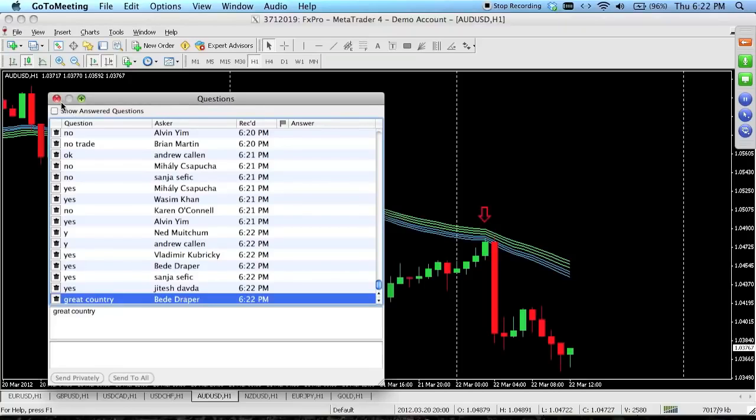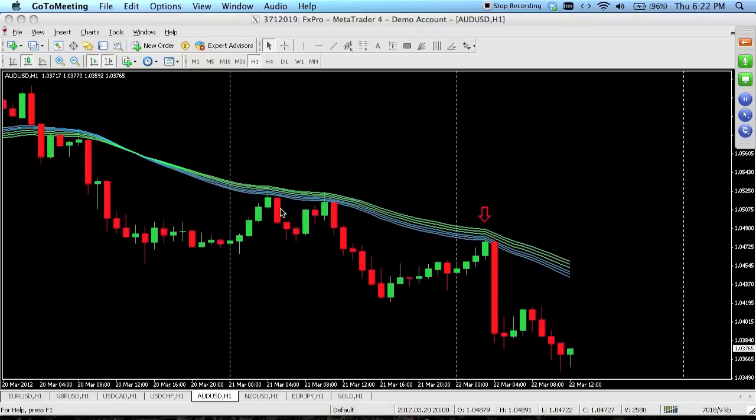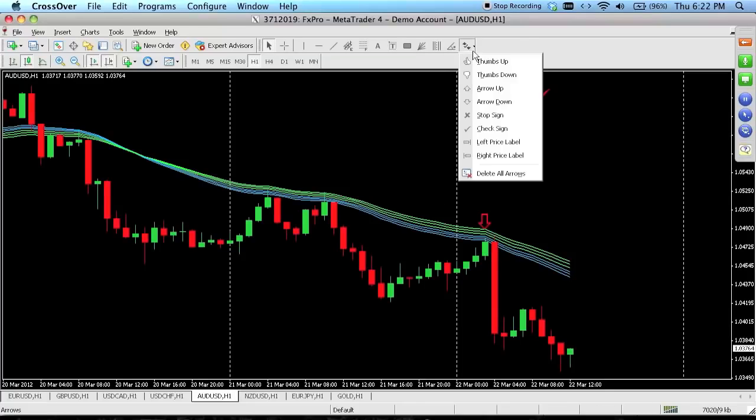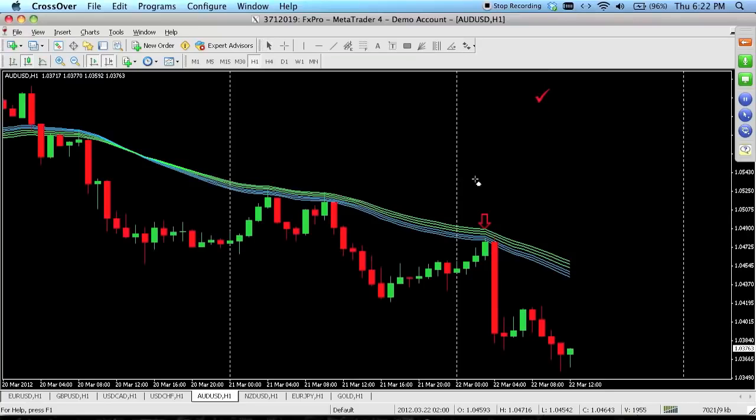Now, let's take a look at Aussie dollar right here. Okay, we have our first touch right here. What things do we need to check? Is it congested? No, we can see through clearly. Check. Do we have our towers? And we're in an uptrend, so we're going to look for higher lows. We have 1, we have 2, we have 3. Check.